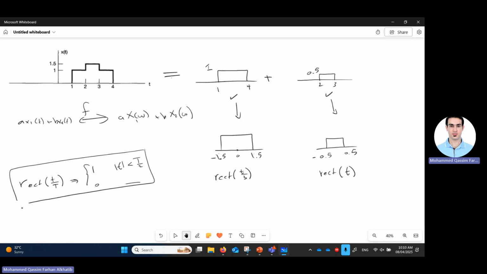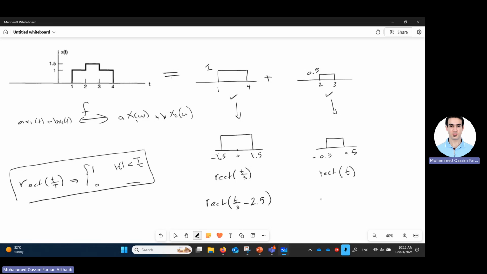All right, then this function has been shifted to the right by how much? It was 1.5, it became 4, so I shifted by how much? So this is rect of (t minus 2.5) over 3. Why? 1.5 plus 2.5, that is 4. And I have minus because of shifting to the right.